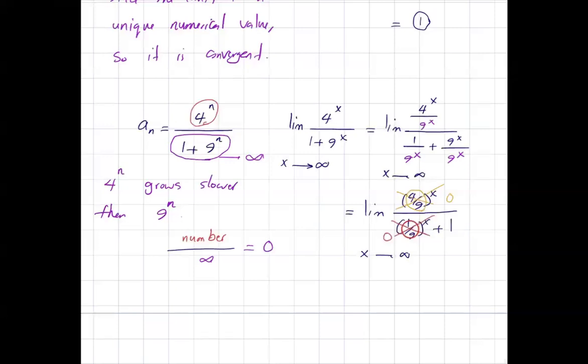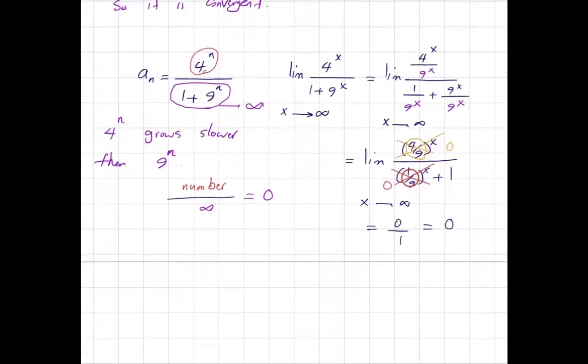So what you have is 0 divided by 1, which is indeed equal to 0. So the limit of 4 to the x divided by 1 plus 9 to the x is 0. So for sure you can say that the limit of a_n as n goes to infinity must be equal to 0.